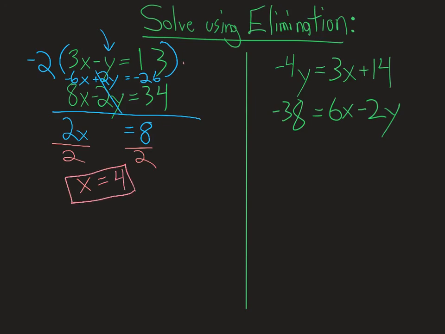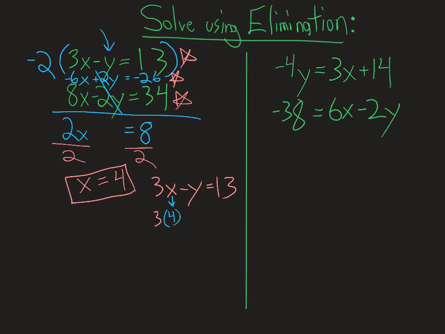Pick any of the original equations, that one, or the one I created for the opposite pair. Whichever one looks easiest. I'll pick the top one of the 3. It's just got the smallest values. There's no coefficient on the y. It just looks easiest. So the x equals 4.